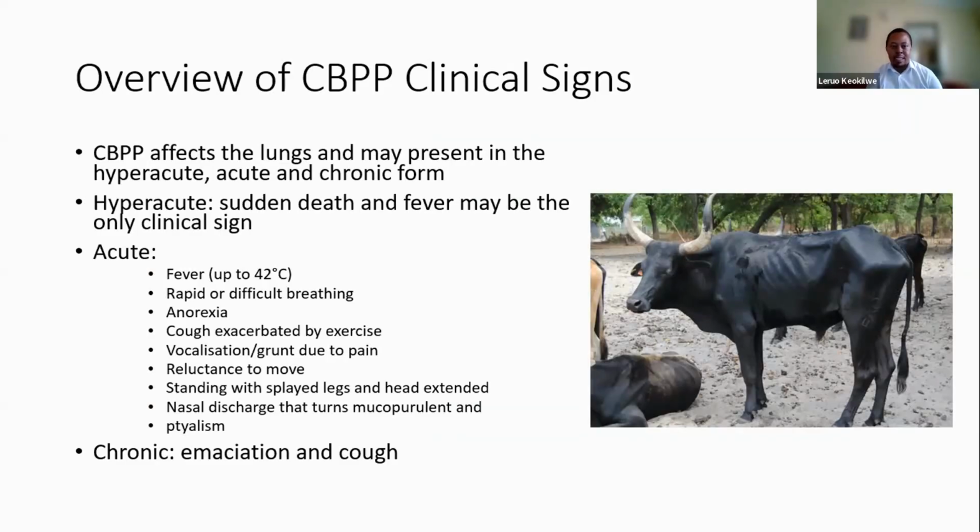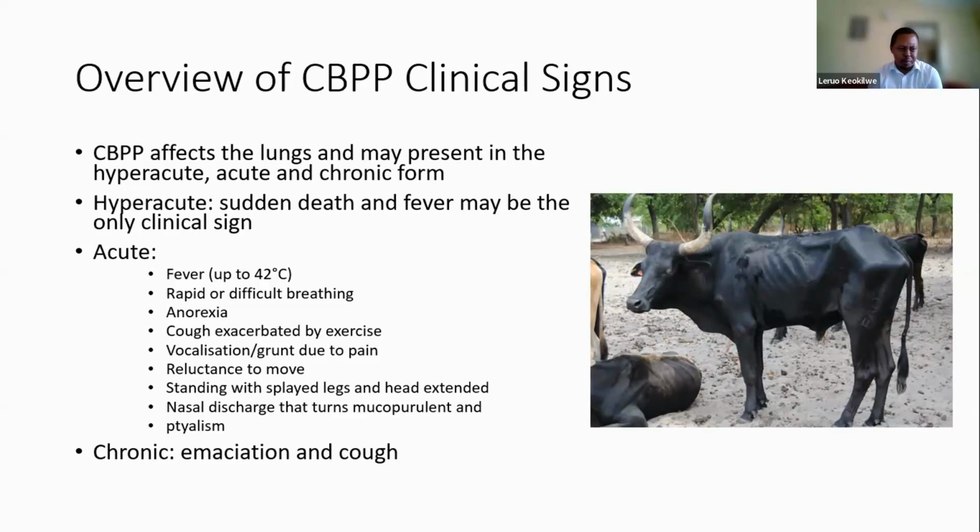And we have already seen a lot of slides showing the pathology that you can get for CBPP. And the clinical signs for CBPP have also been covered. It's just important to recognize that CBPP can present in the hyperacute, acute, and chronic forms.